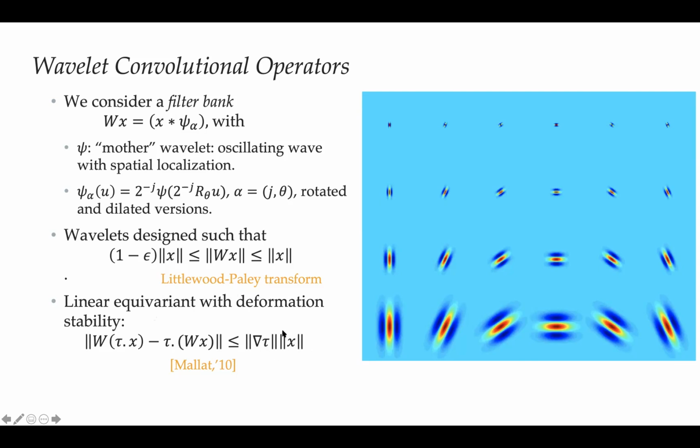Remember before that this property is not true for arbitrary convolutional operators, so this property requires the multiscale structure. Again, the details of this result are pretty technical, and I will refer you to some of the references if you're interested to know more.